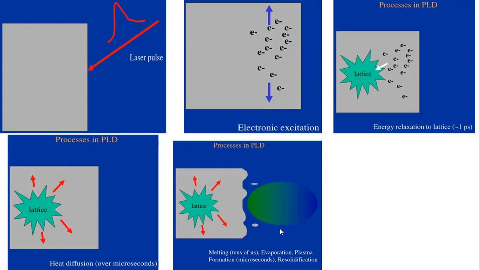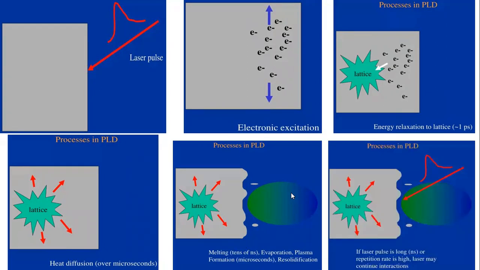So plasma formation is created, and inside the plasma, the particles of the lattice are transferred towards the substrate side. This is the entire plasma, created through the interaction of the pulsed laser and targeted material.